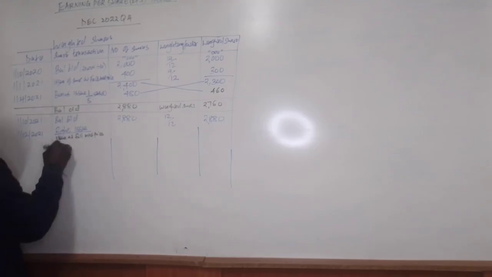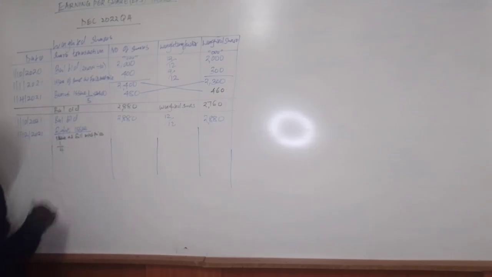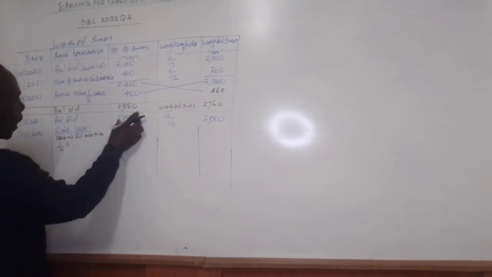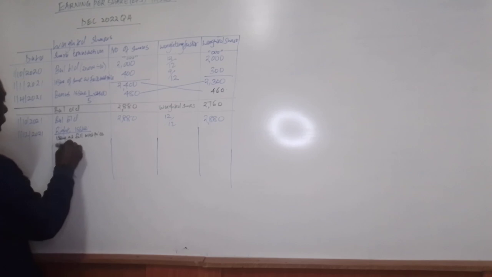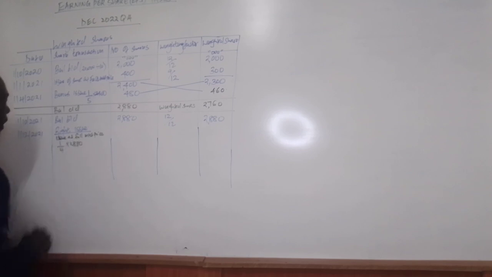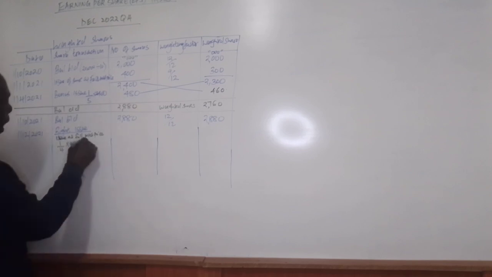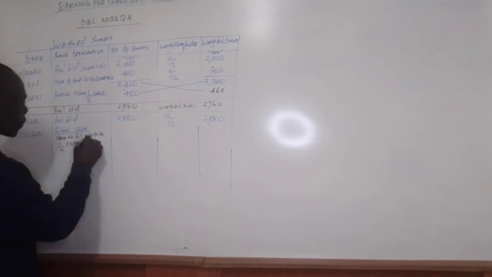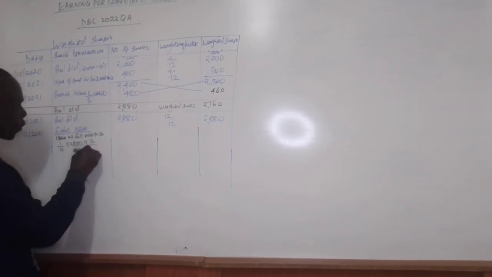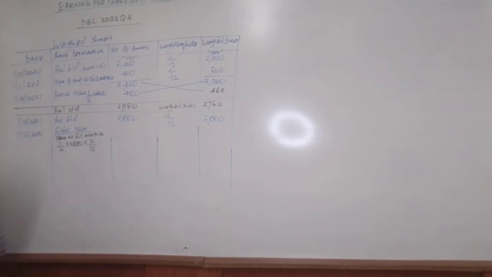Remember, you are getting one share for every 4. And the total number of shares at the beginning of the period were 2,880. Then from there, you paid 12 shillings, while you are supposed to pay 15 shillings.